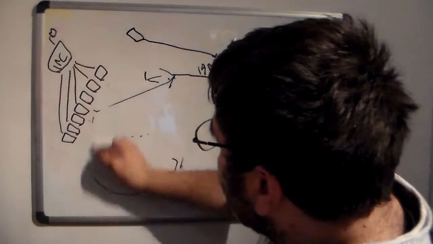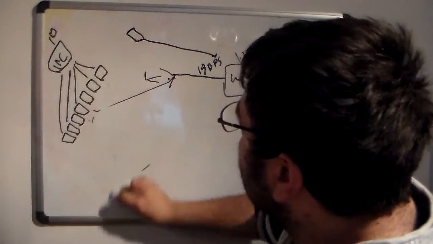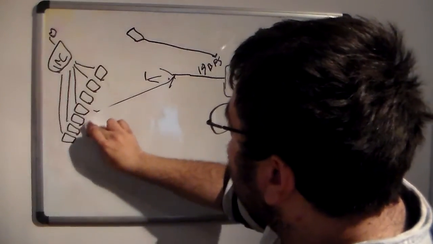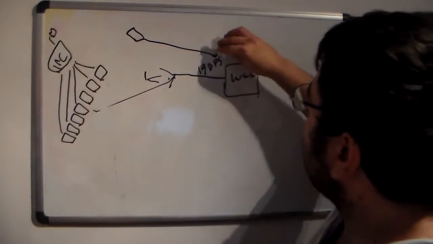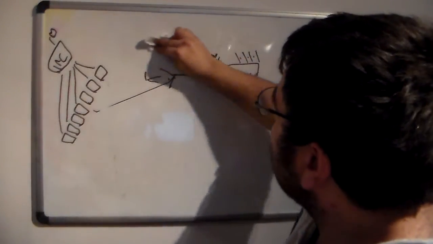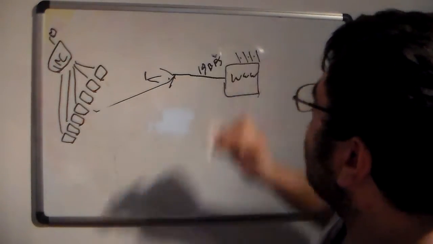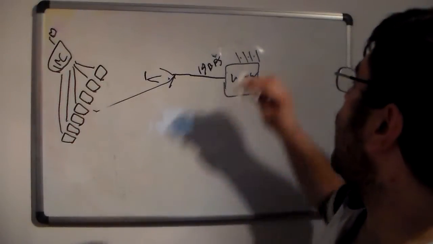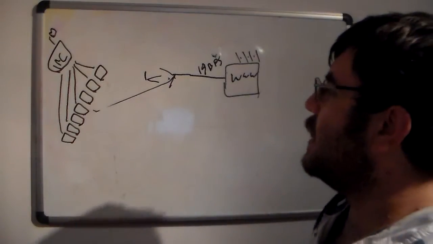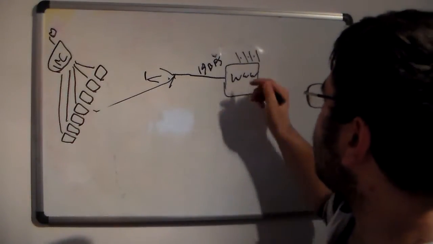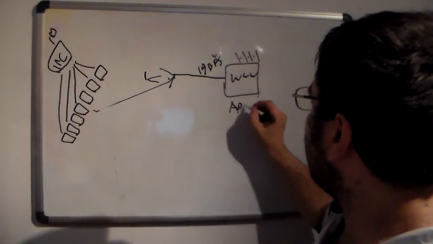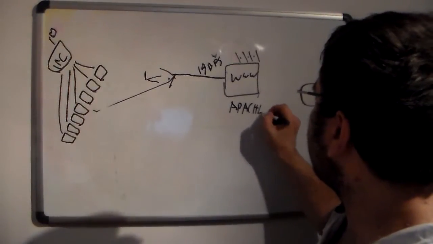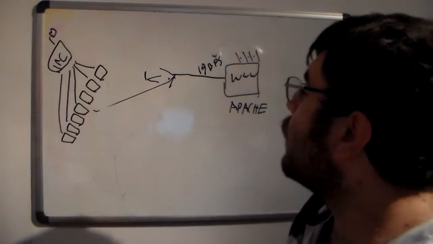Okay. Now, another DDoS attack, so let me just clear the board here. Okay. Another DDoS attack is not to saturate the link per se. Now, what could happen is, for instance, let's say this server is running Apache. Well, it most likely is, or IIS or something like that.